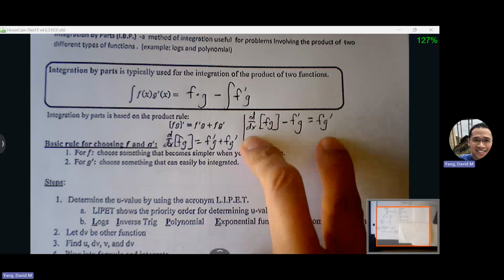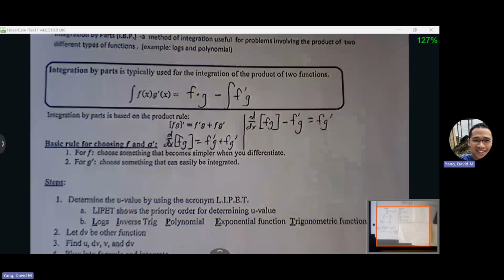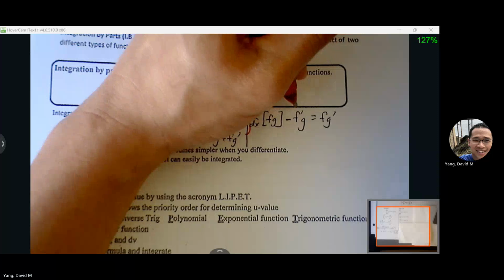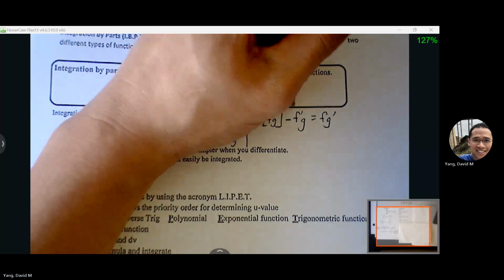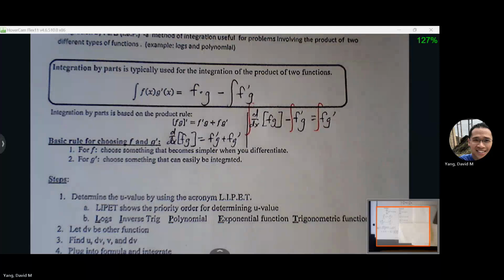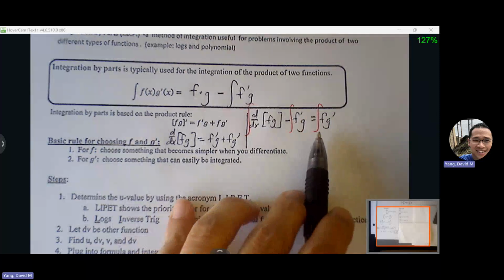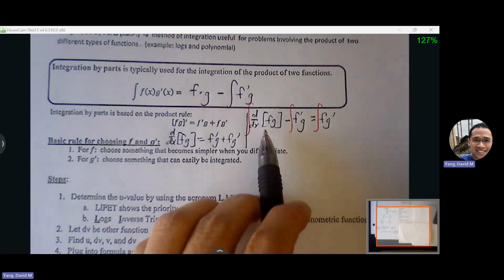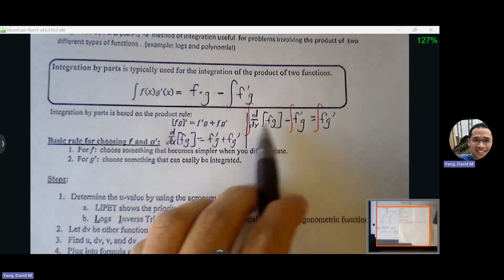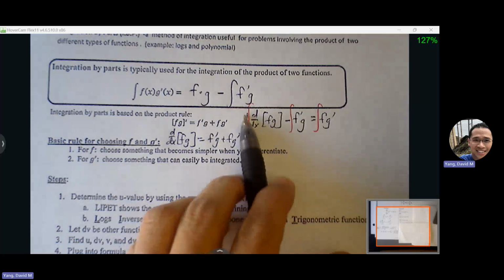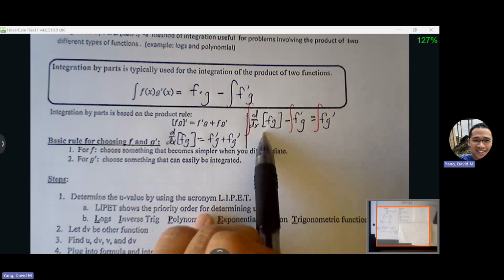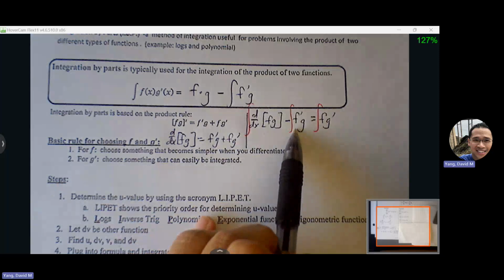Now, what if I were to take the integral of everything that I see here? So the integral of this. Then I can say the integral of fg prime, which is this, is equal to the integral of derivative of fg, which the second fundamental theorem tells us will cancel out to be just fg minus integral of f prime g.